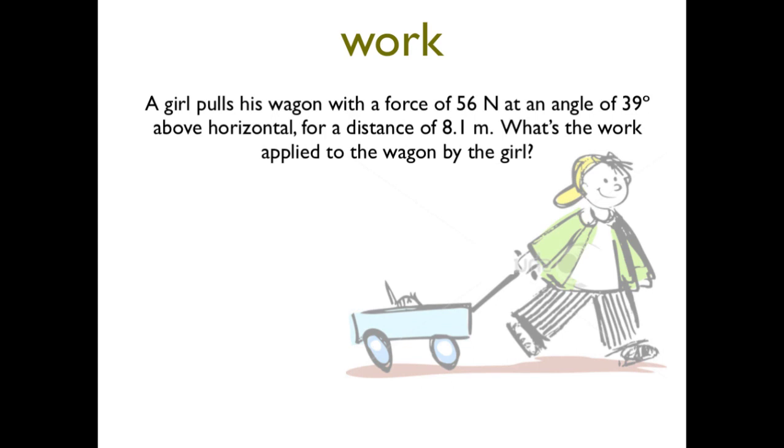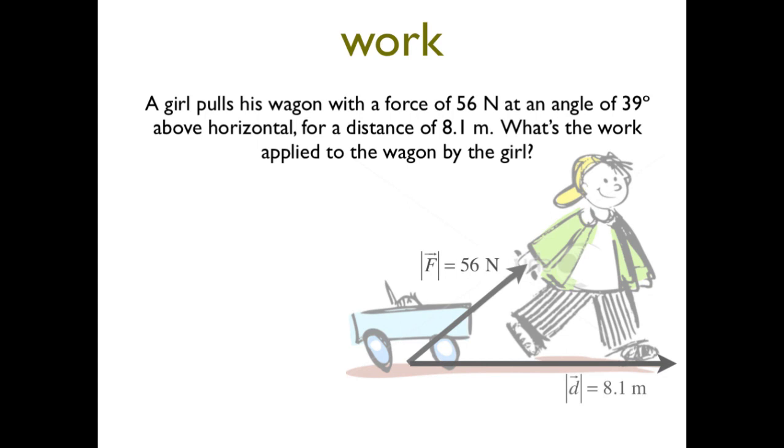So we can use vectors to model the situation. There's a force vector, right? The force vector is this 56 newtons. She's pulling. And then the distance of 8.1 is really a displacement because we know the direction that's in. That's horizontal, right? So we draw a displacement vector like that, and its magnitude is 8.1.